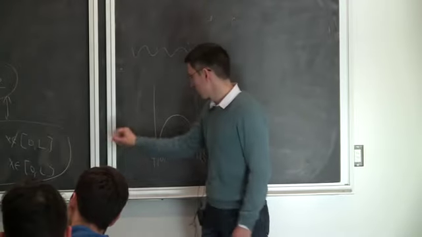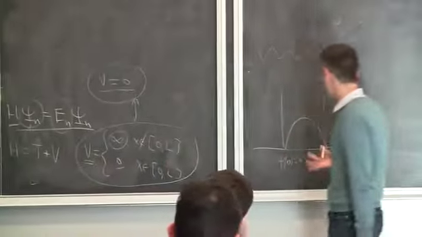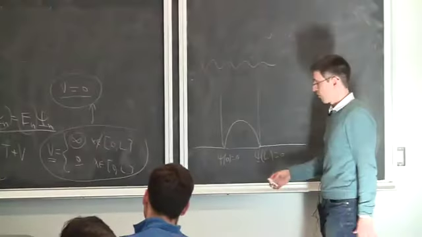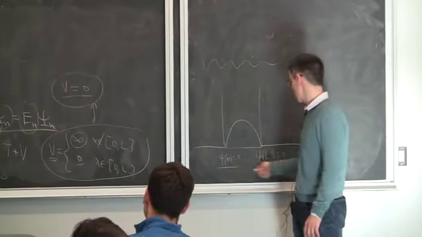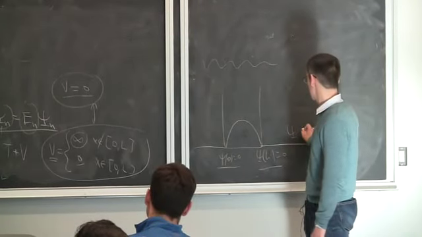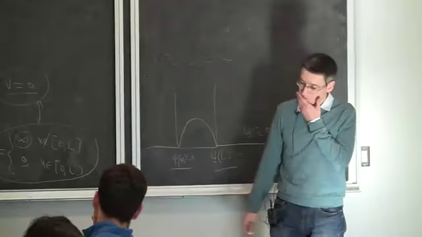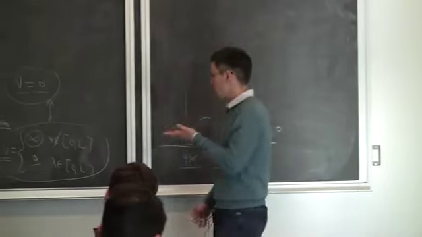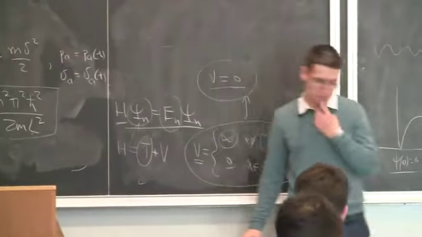Outside, it should be 0, right? So this type of potential requires the function to have such restrictions, and the fact that the function is 0 outside of the box. But all the energy is pretty much kinetic energy, because potential is 0.